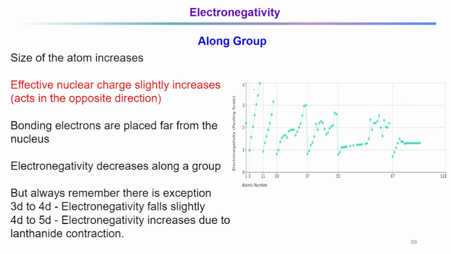Now let's see along the group. What is the effect that is playing a role along the group? If we go from top to down along the group, the size of the atom increases. Size of the atom increases means the bonding electrons will be much farther from the nucleus, right? For example, let's see this atom, and let's take another atom.